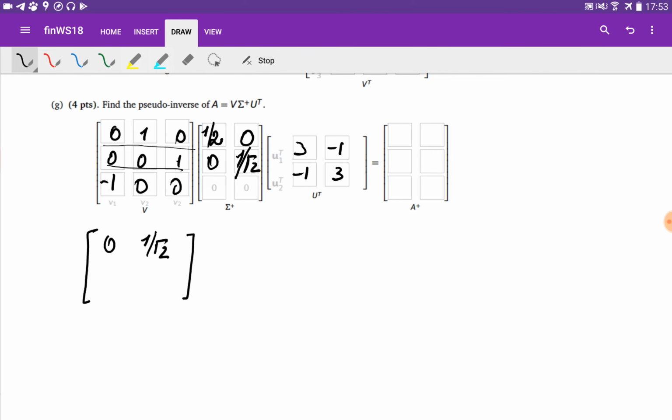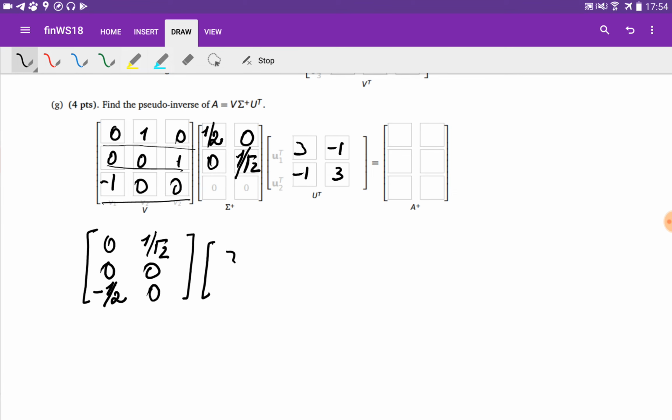Then we multiply the first row by 0, the second row by 0, and the third row by 1. It means this is going to be simply (0, 0). Then we multiply the first row of the second matrix by -1, the second row by 0, the third row by 0. It's going to be (-1 over 2, 0).